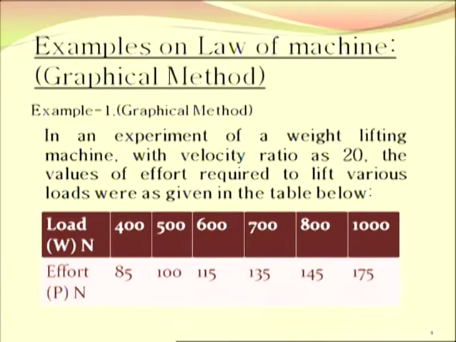Second data: load is 500 Newton and effort is 100 Newton. Third data: load is 600 Newton and effort is 115 Newton. Fourth data: load is 700 Newton, effort is 135 Newton. Fifth data: load is 800 Newton and effort is 145 Newton. And sixth data: load is 1000 Newton and effort is 175 Newton.